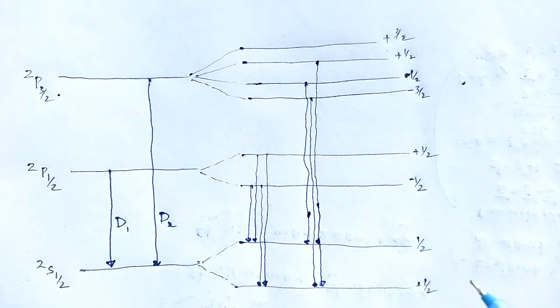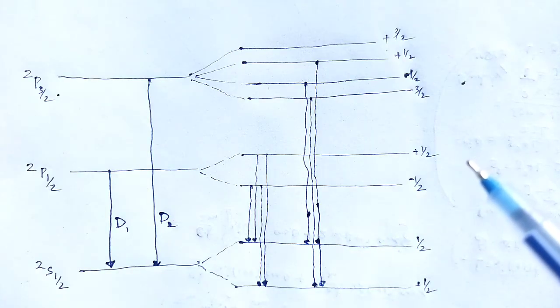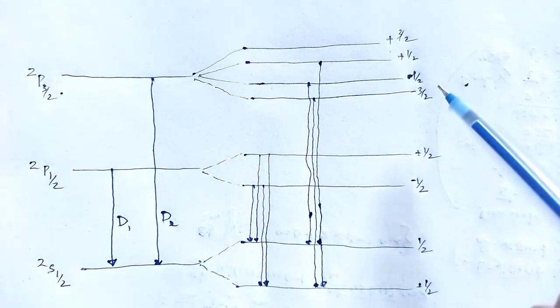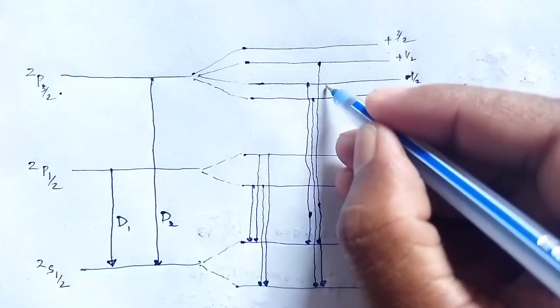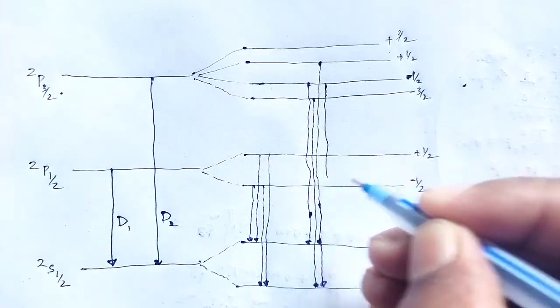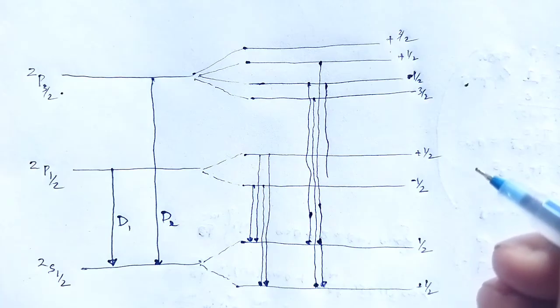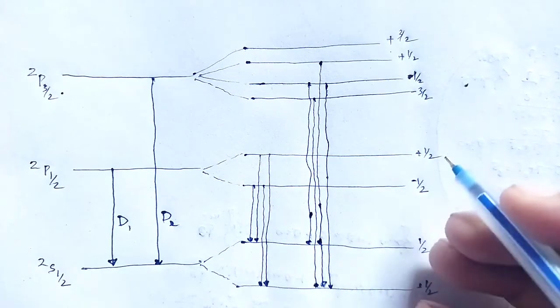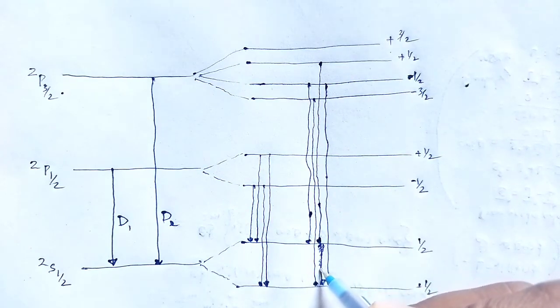Minus half to minus half, and plus half to plus half, which is the transition line.